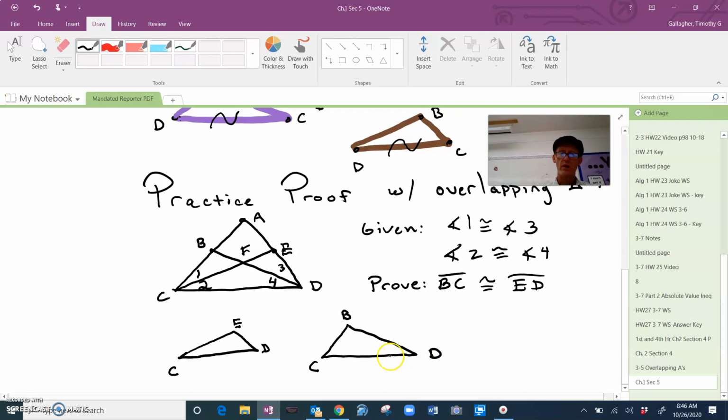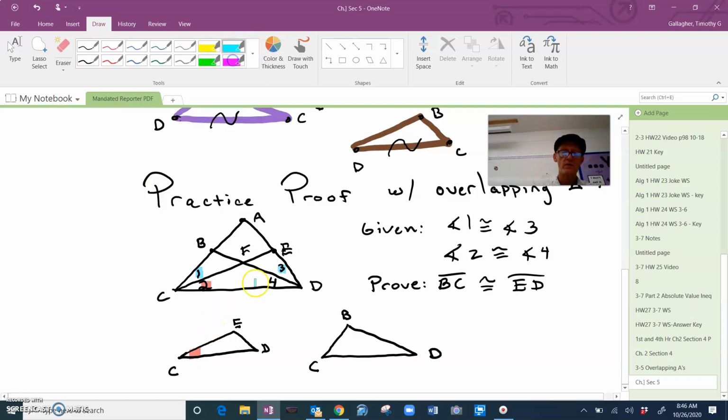And we're given angle 1 is congruent to angle 3. Now, if you notice, angle 1 and angle 3 are not part of the triangles anywhere. But angle 2 is right here. Angle 2 is angle ECD, which is right there.